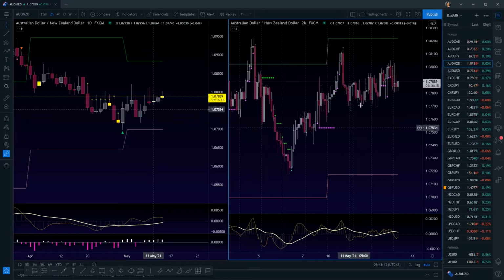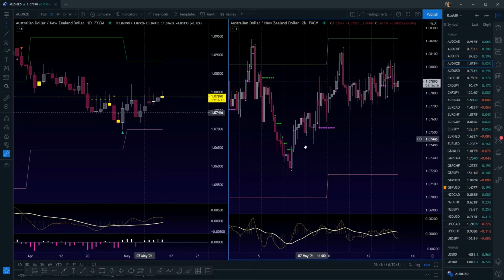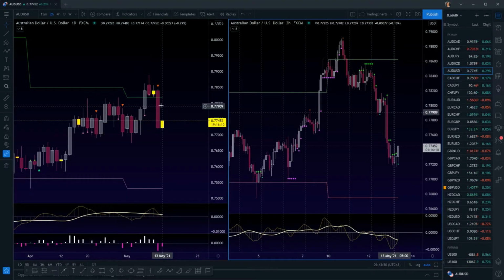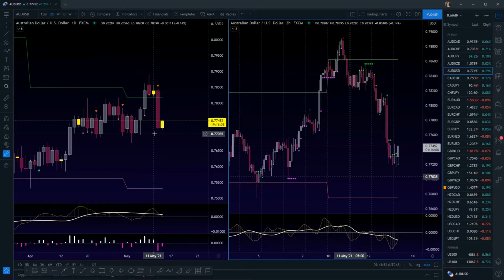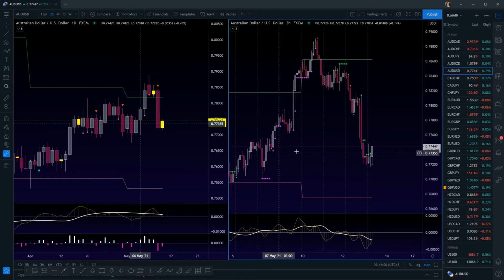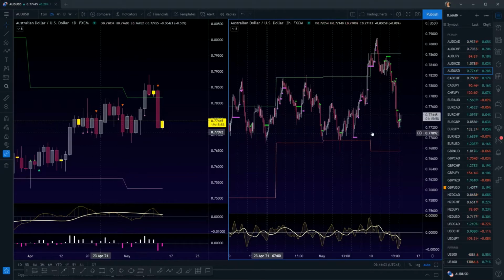Aussie dollar New Zealand, looking at this price range, price action, and on this daily chart, no edge. Let's not trade this. Aussie dollar, big wide range candle push down, so momentum. And it's coming down to a lot of traffic right here.